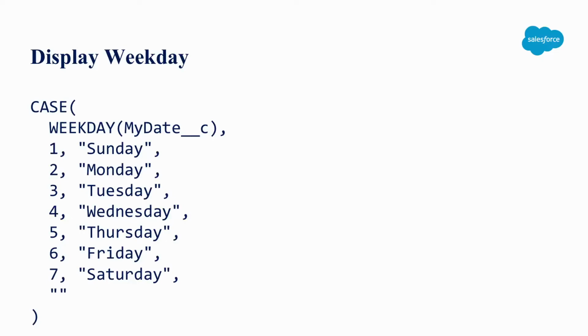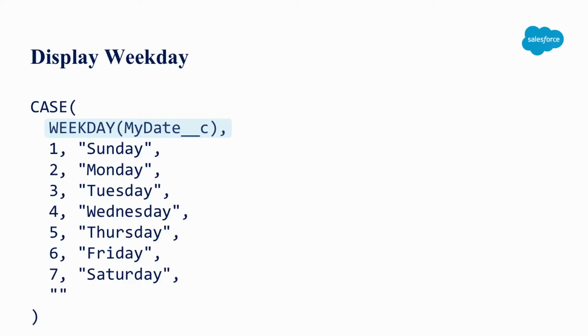So what's the output return type of this function? Text. This is a text formula that is going to take a date field and return the word of the day of the week that it lands on. Okay? So case is check this thing, and then if it equals this, do this.